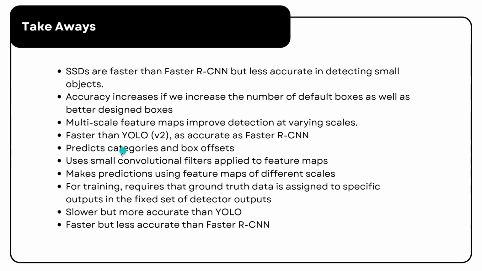SSDs work by predicting both the category of an object and the bounding box offsets for its location. They do this using small convolutional filters applied across feature maps at different scales.